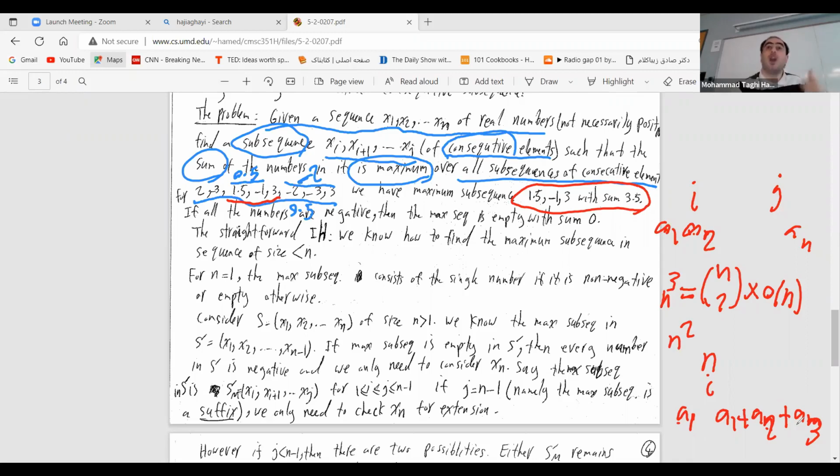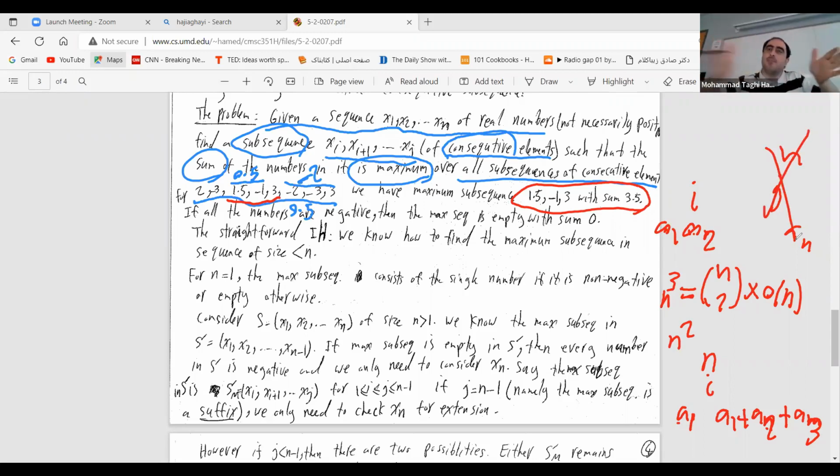Constant for each, because I start with AI, then add AI plus 1. This is the first. Then AI plus 2, AI plus 3. There are order n choices, and for each of them I'm spending only constant time. So I don't need these n choices of J anymore.